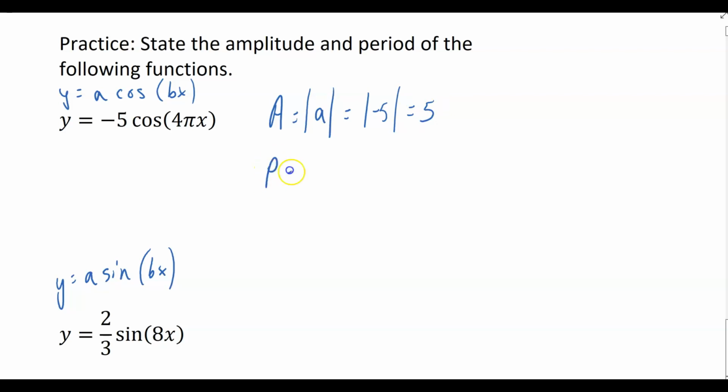Now for period in this case, since we have a pi involved, that implies radians. So the period is equal to 2 pi over the b value, which is 4 pi, and this equals 1/2. So 1/2 a radian is the period. 0.5 radians.